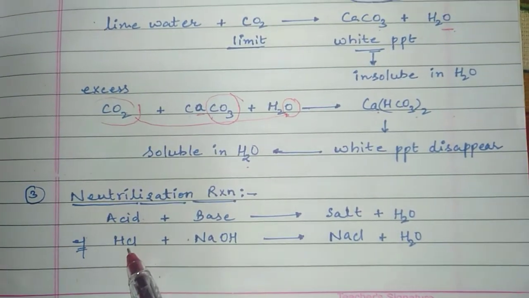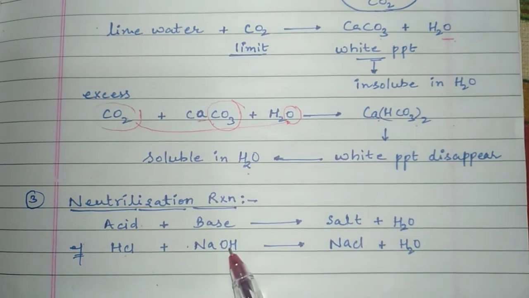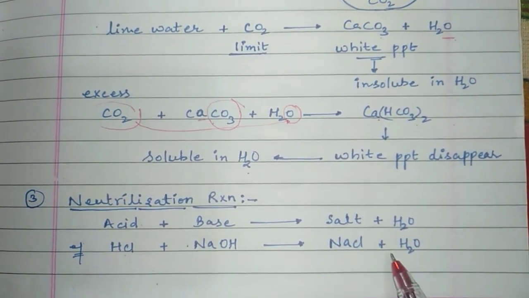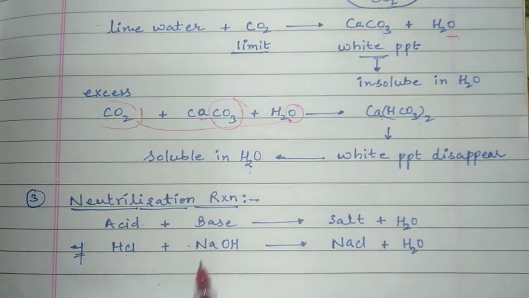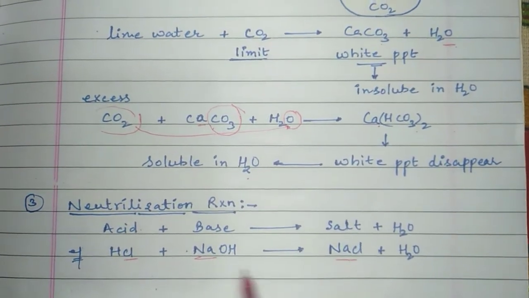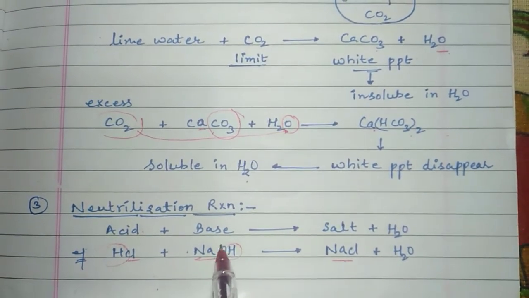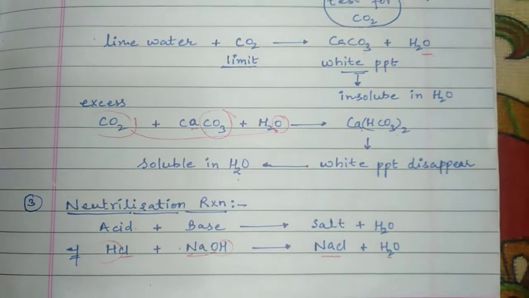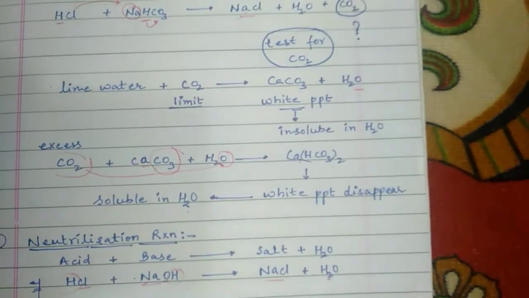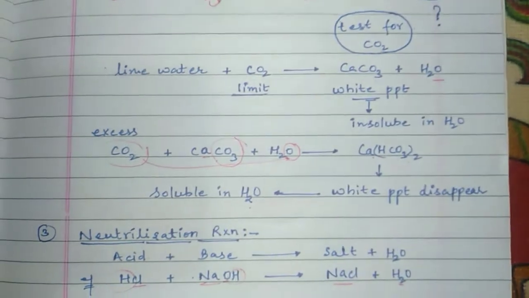Here you can see HCl plus NaOH react with each other, so they produce NaCl and water. Na and Cl react to produce NaCl, and this hydrogen and this hydroxyl ion produce the water. So students, this is all about the neutralization reaction and the first video of chapter number two.